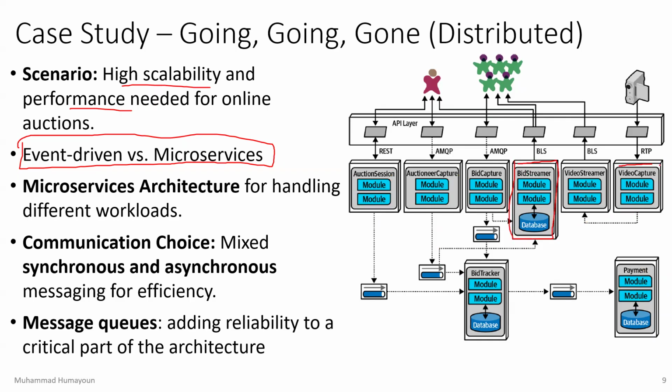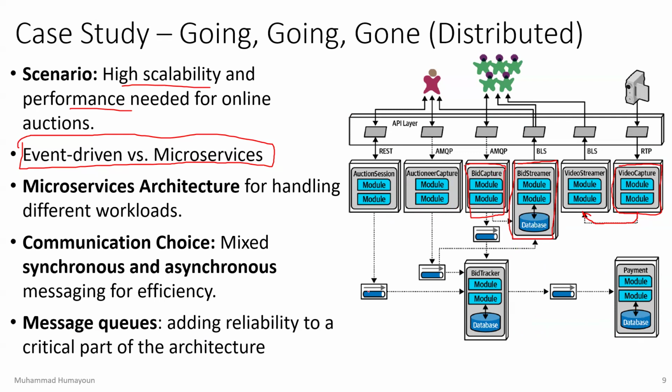And here we can have a video capture, communicating sometimes to the video streamer here. And then we have this bid capture. Actually, it is not fully microservices architecture because, as you can see, the database is only in three places. Not every service has access to a database.